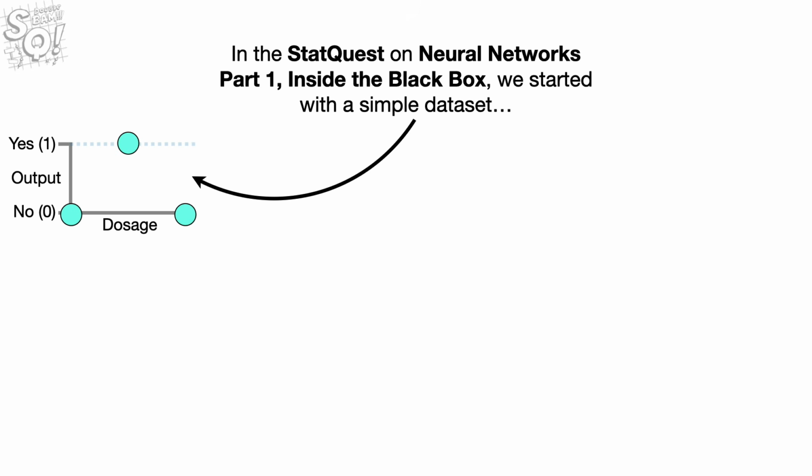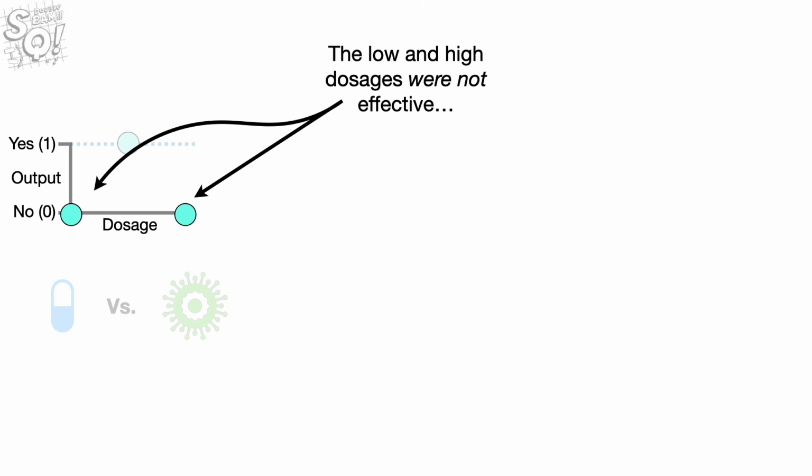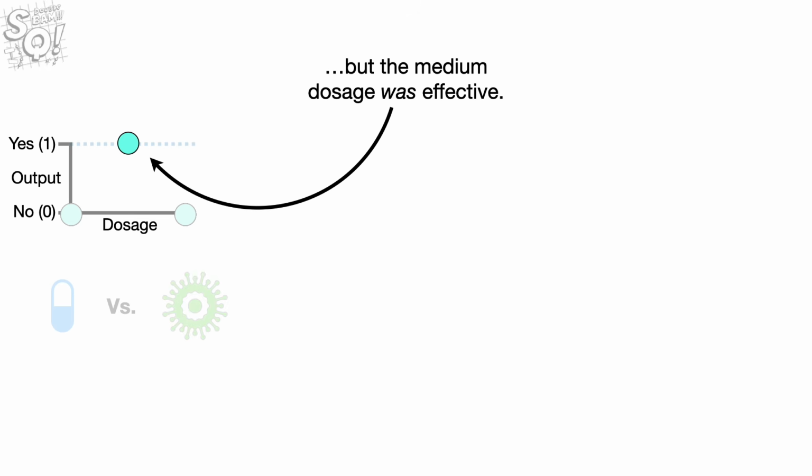In the StatQuest on Neural Networks Part 1, Inside the Black Box, we started with a simple dataset that showed whether or not different drug dosages were effective against a virus. The low and high dosages were not effective, but the medium dosage was effective.